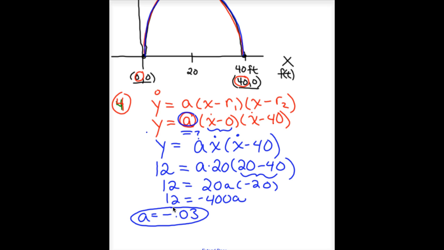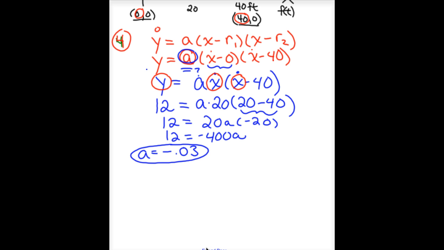So that's the key right there, using the coordinates of the vertex, the 12 and the 20, to figure out what that missing a value is. So now when I write my equation, the equation for that parabolic path is y equals a, which I just found, negative 0.03, x times x minus 40.